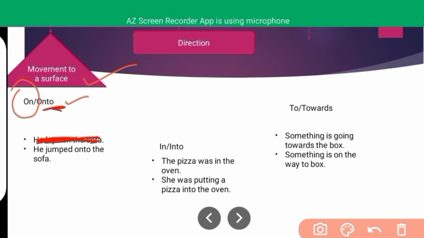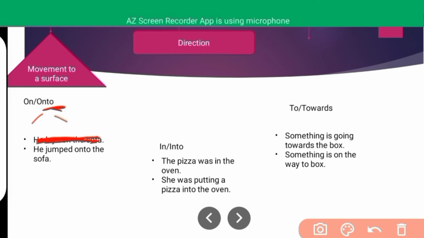But what is the difference between on and onto? We can differentiate them by this main point that onto is about movement. Onto कब use करेंगे? When we have to describe the movement from one place to another. On the other hand, on कब use होगा? When there is no change of surface. You can see here, onto is the combination of two words, on and to.